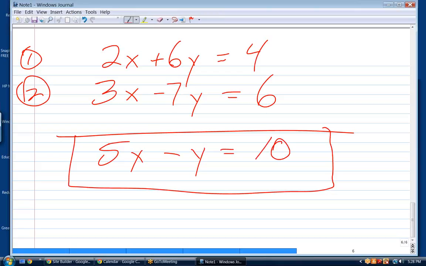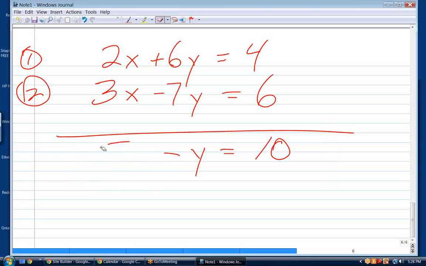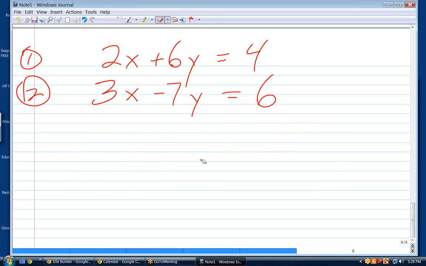In other words, when you're using elimination, you've got to make sure that you eliminate one of the variables. So what do I have to do to these equations so that when I add them, a variable will disappear? What's one thing I could do? Pretty straightforward.